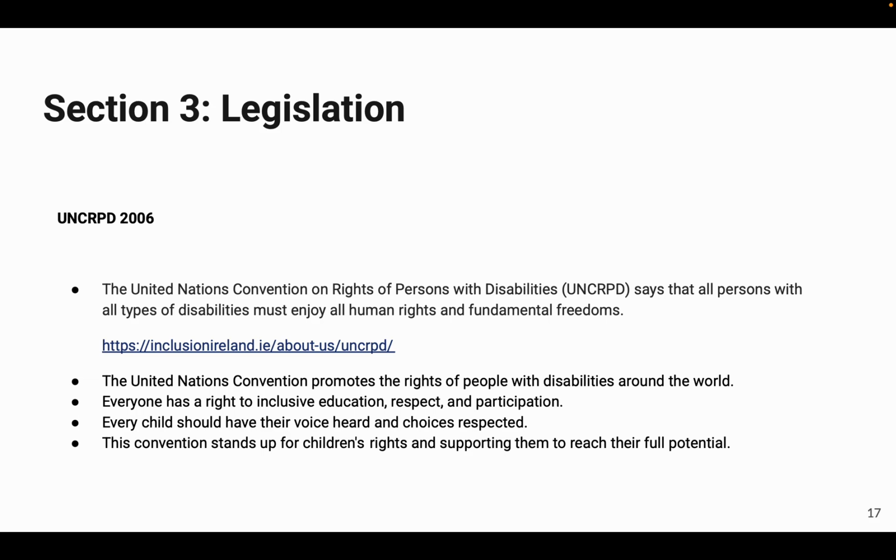The United Nations Convention promotes the rights of people with disabilities around the world. Everyone has the right to inclusive education, respect, and participation. Every child should have their voice heard and choices respected. This convention stands up for children's rights and supports them to reach their full potential.